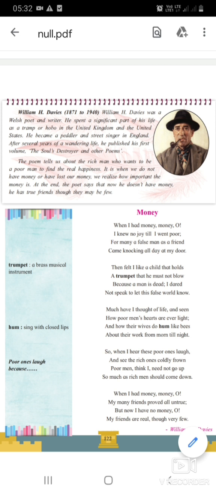Now, let's turn to the next stanza. First line. Then felt I like a child that holds. See the first line. Then felt I like a child. The figure of speech is inversion, where the word order has been changed for poetic effect.